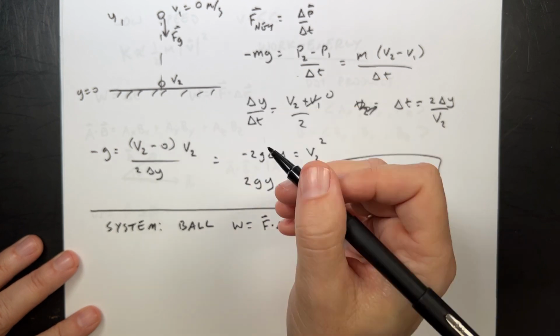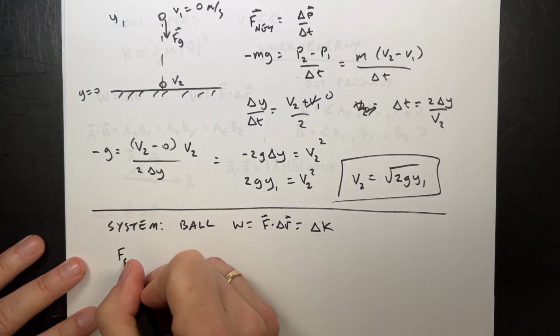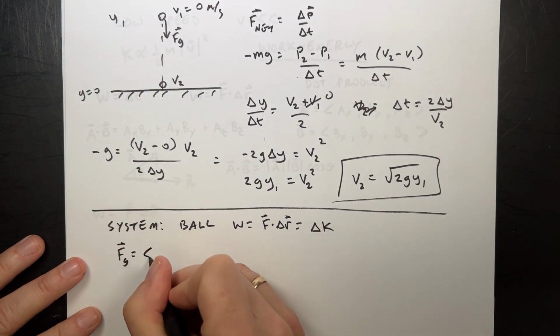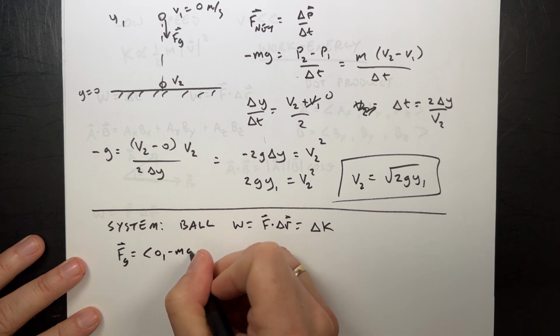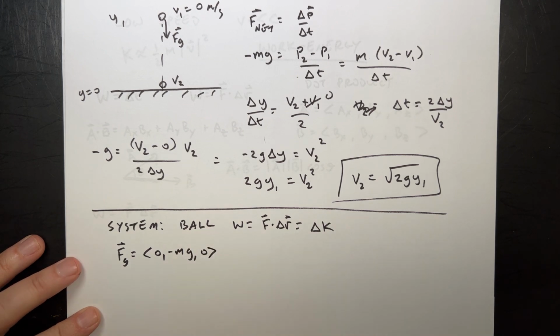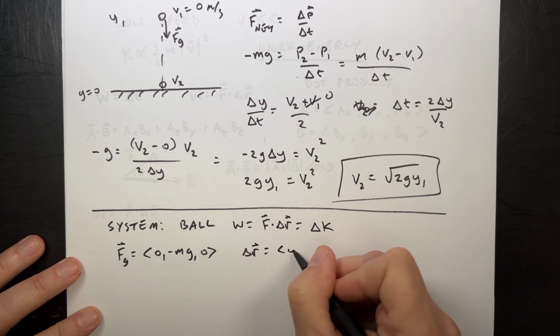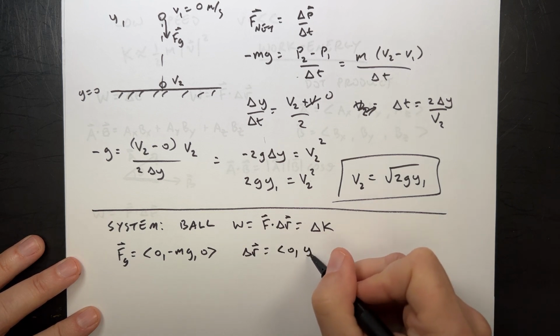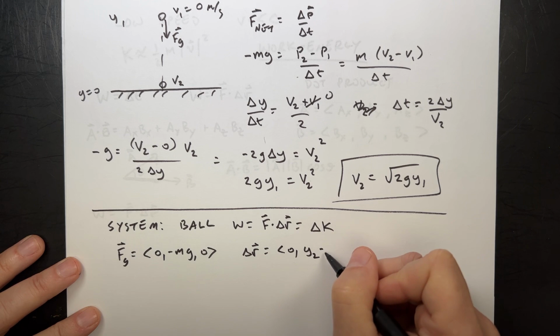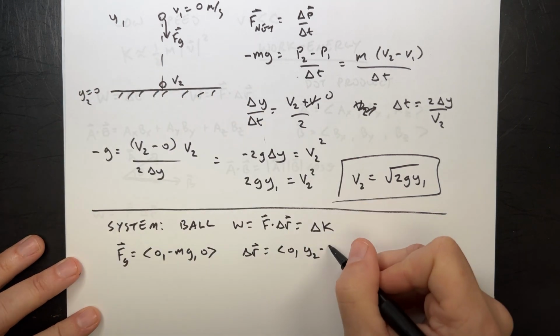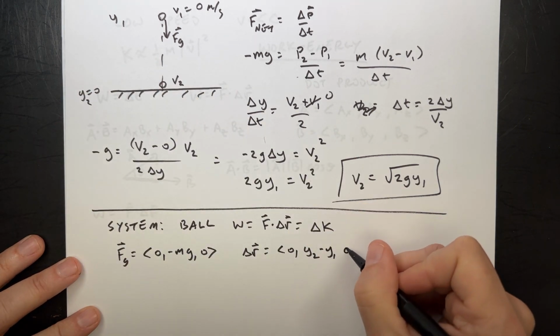So let's write this as a vector. Fg is going to be equal to (0, negative mg, 0). That's the gravitational force. Delta R is going to be (0, y2 minus y1, 0), final minus initial.